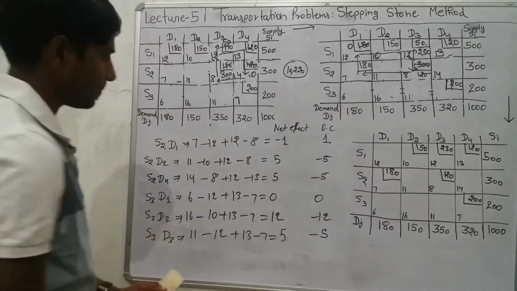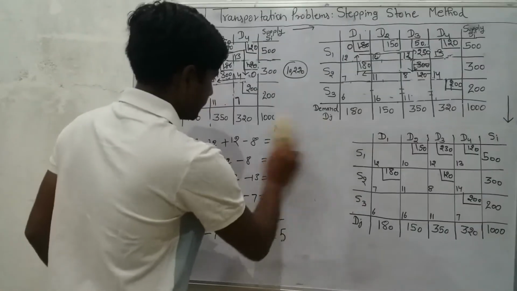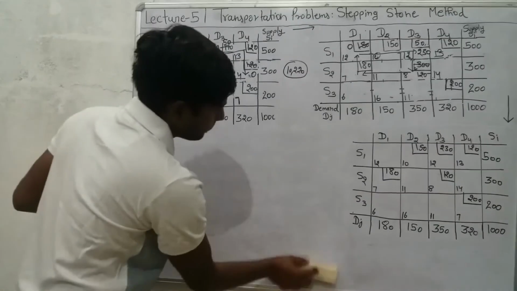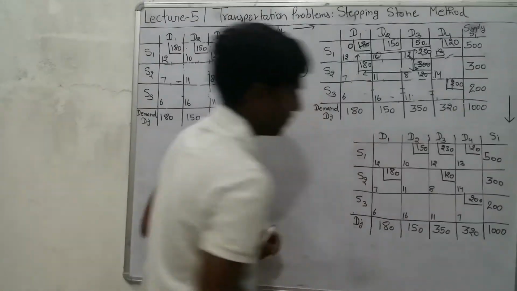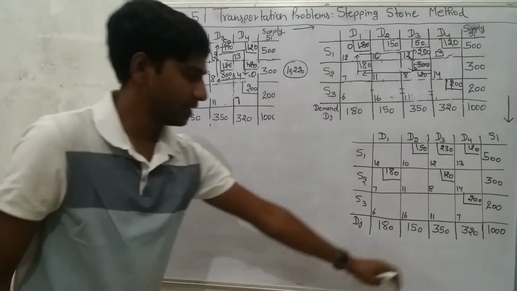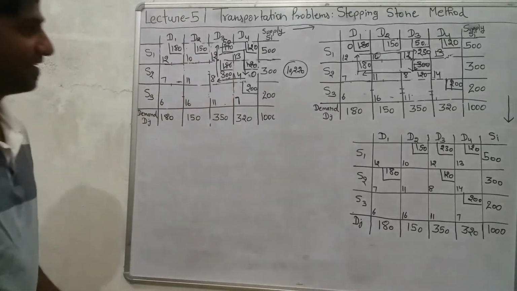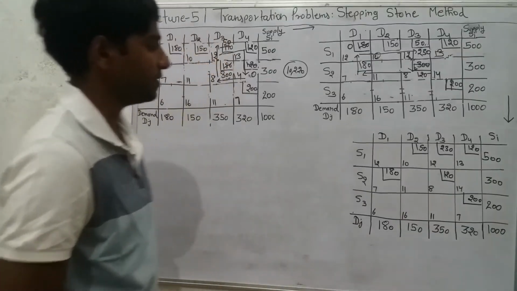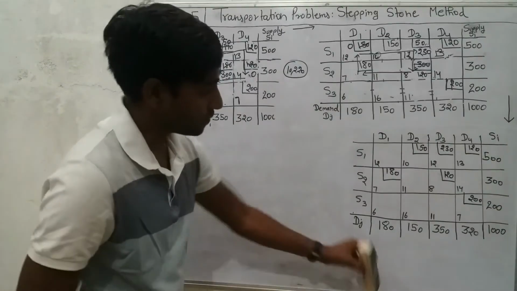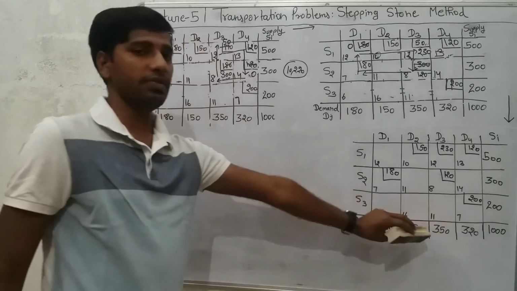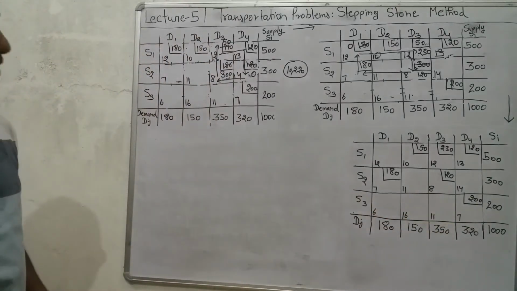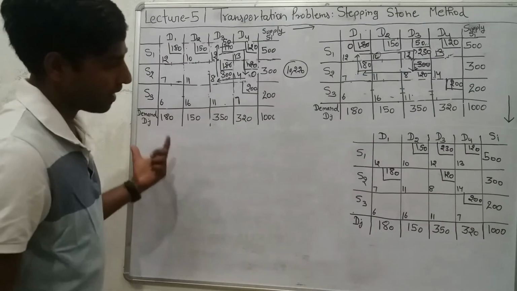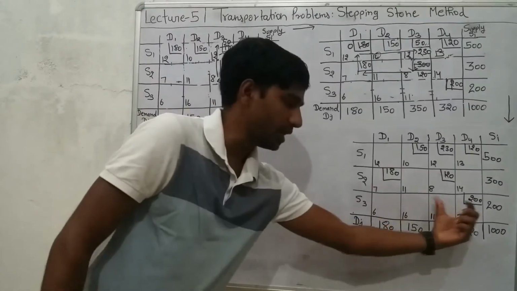Okay, I'm going to clear it. So we hope that we will get the optimal solution in this table. This is the new improved solution with us. Now we have to again check the optimality of this table, and we are going to do that in a similar manner, by calculating the opportunity cost for all the empty cells.